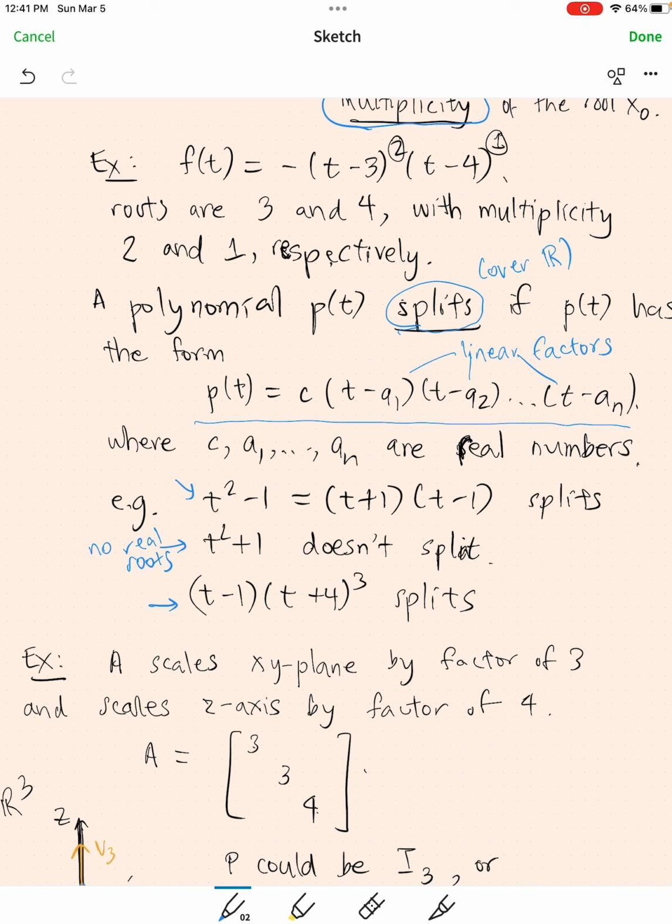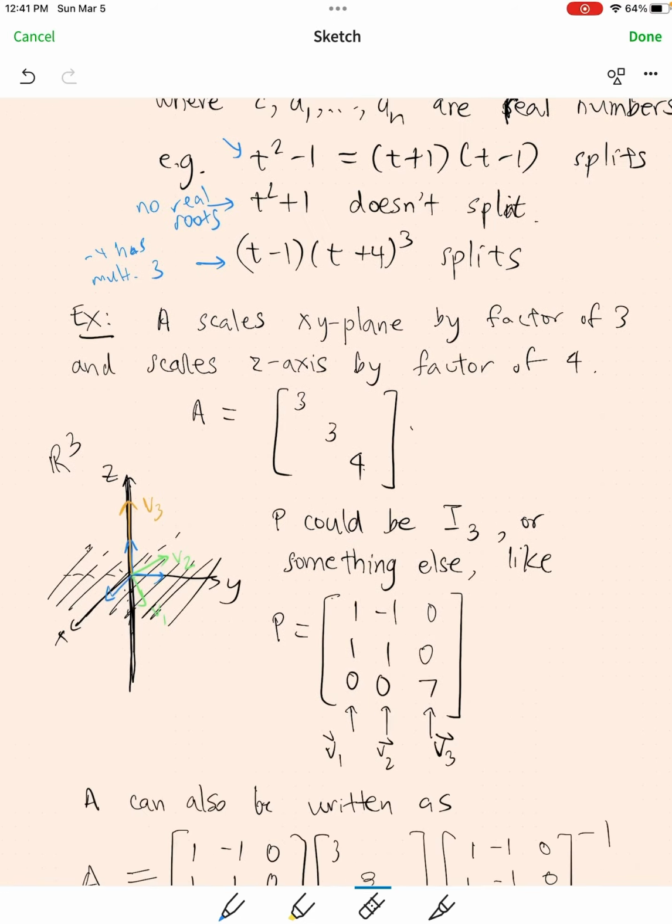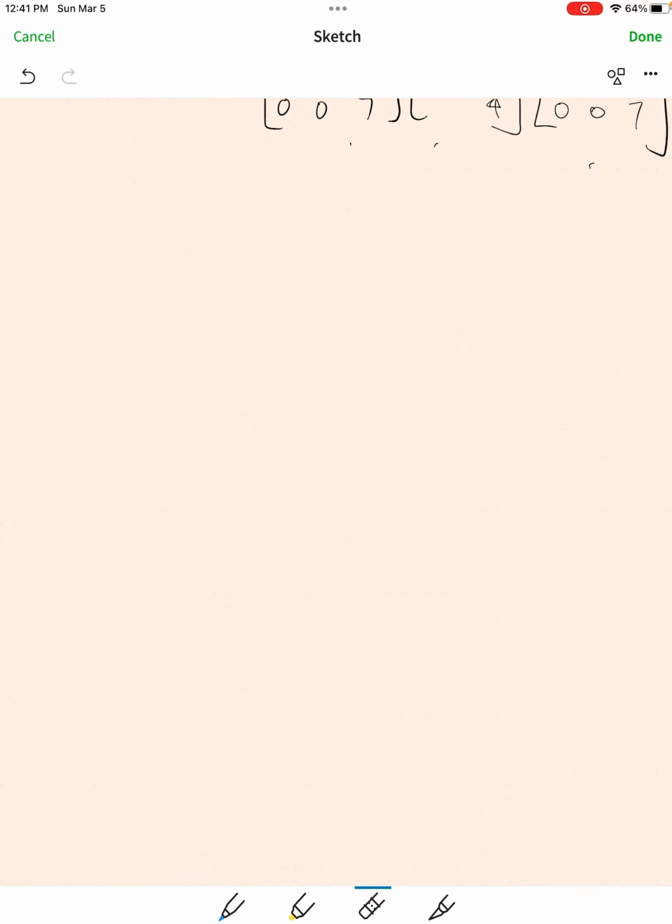And in this case, the multiplicity of -4 is 3, right? But this polynomial still splits. Okay. And we're almost ready for the criterion. We just need one more fact, one more general fact.